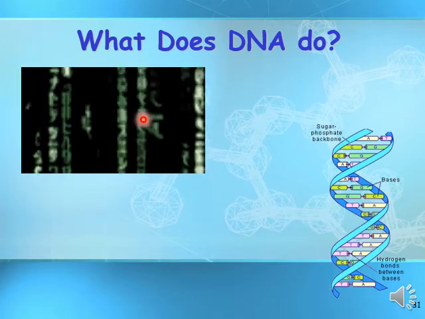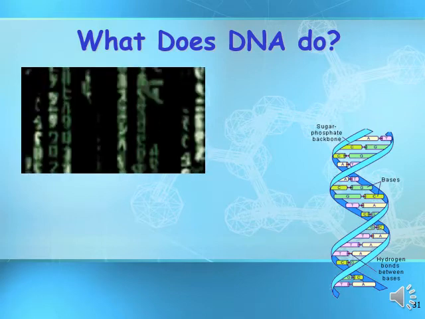This is an image of DNA molecules, which is seen here as a double helix. Here, this is one helix, and this is another helix, which go in opposite directions.